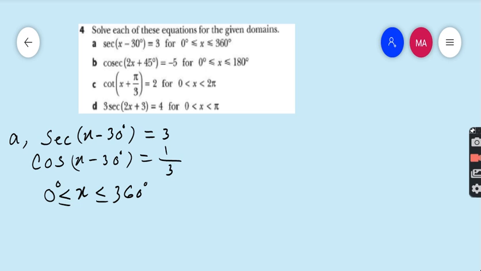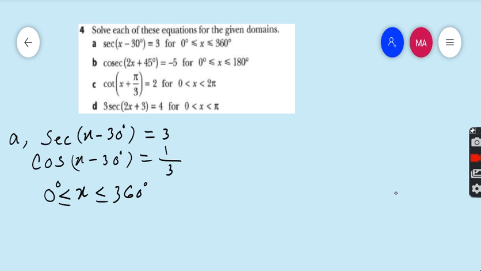But students, if you look carefully, in the trigonometric function the angle is not x but x minus 30. So we have to convert this domain from 0 to 360 degrees so that it is x minus 30. How is it possible?